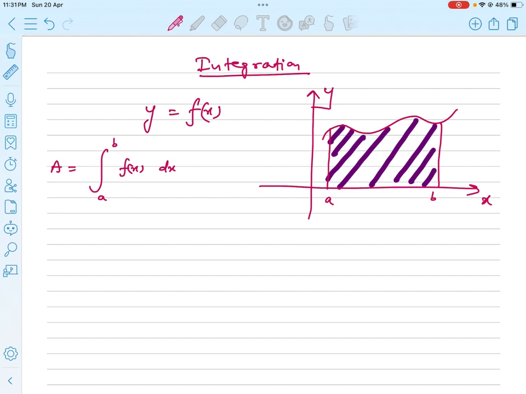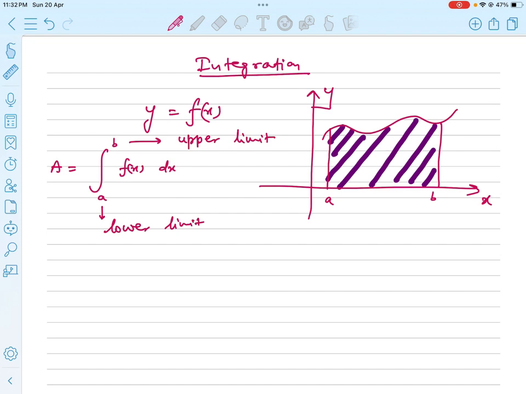So if somebody asks us what we mean by integration, it means finding the area under the graph between the points A and B. This A here is known as the lower limit and B is known as the upper limit. So the area has been found between the lower limit and the upper limit.